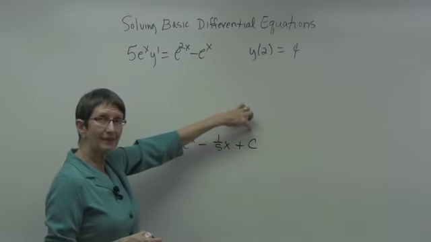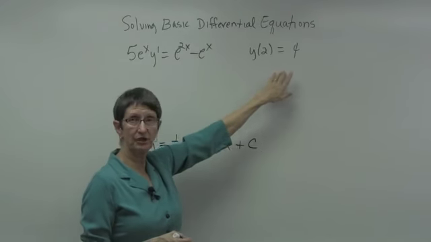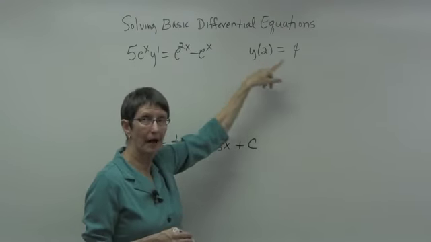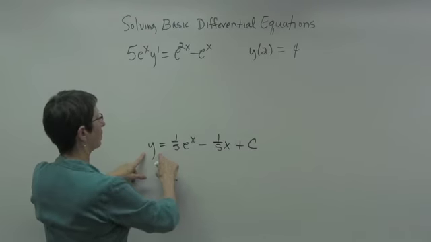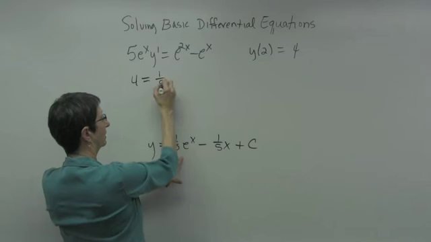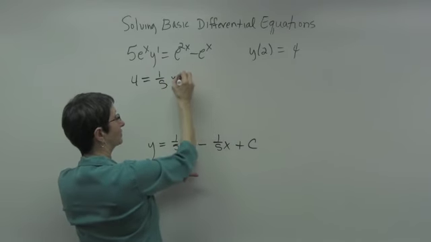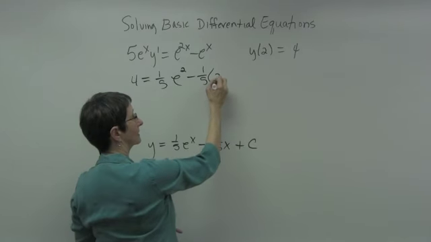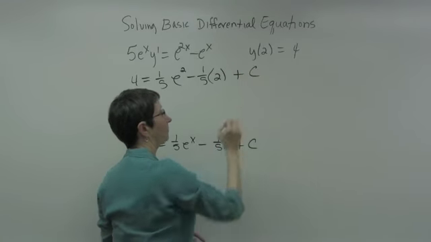So we need to find out what c is equal to by using the initial condition. Y of 2 equals 4, x is 2, y is 4. So y is 4 equal to 1/5 e to the x, which is 2, minus 1/5 times x, which is 2, plus c.